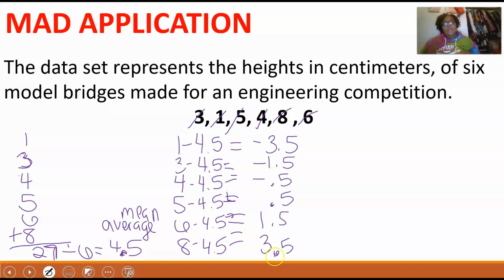And then you have to find the absolute value of each of those numbers.